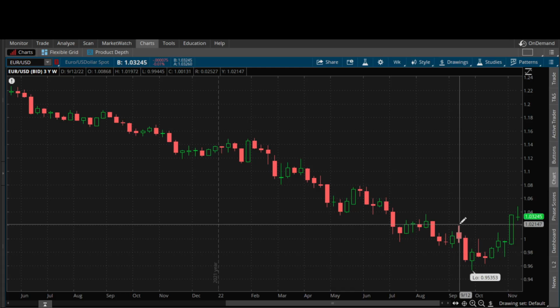So remember what I just said. A premium means expensive. It means it's expensive, but we have also established that the market structure is currently bullish. So market structure bullish, premium market.